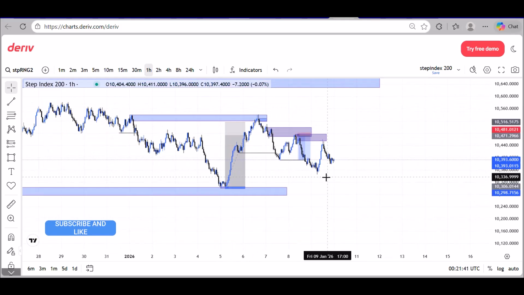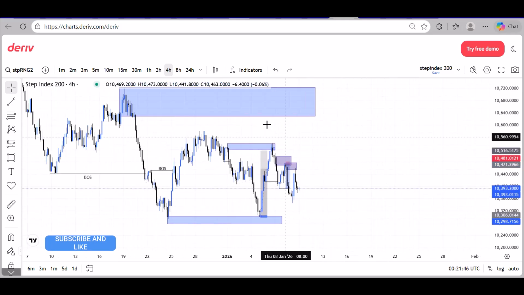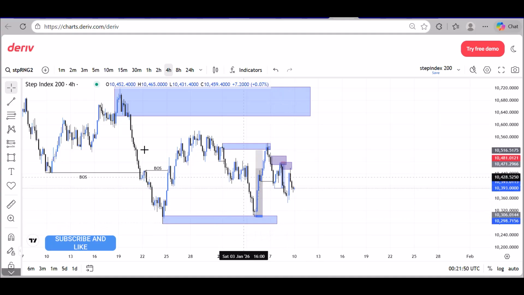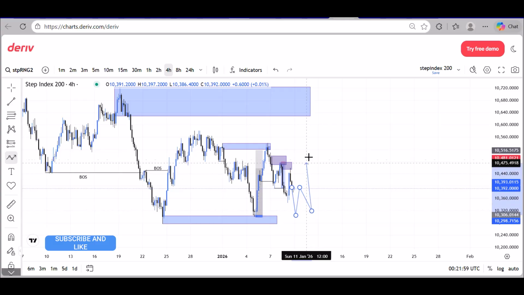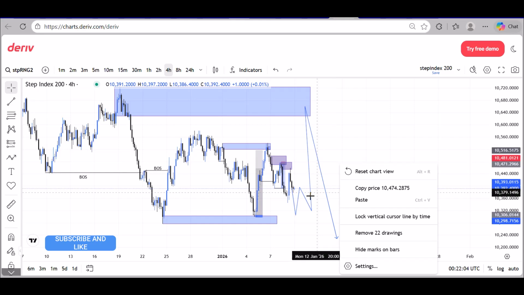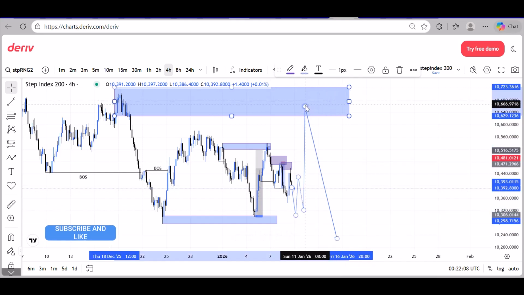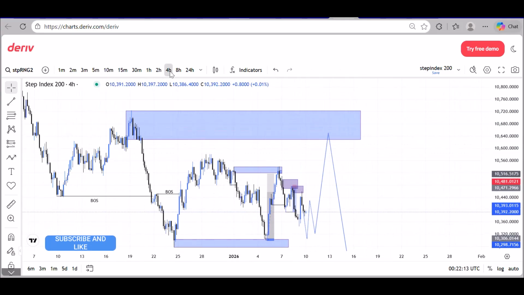So remember, what we are actually eyeing is for price, in the future, maybe it will go down further or whatever it is going to do, but we are still looking at price coming to tap here in the future and then sell massively. This is what we are anticipating because of this void, this fair value gap.